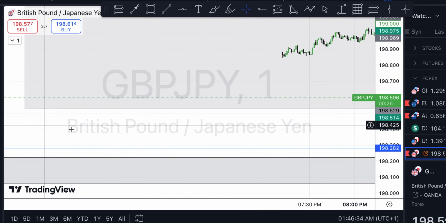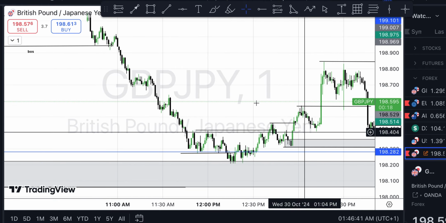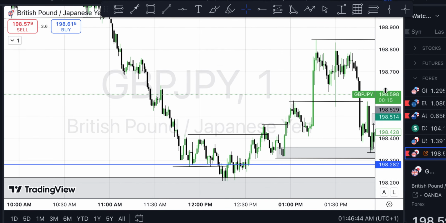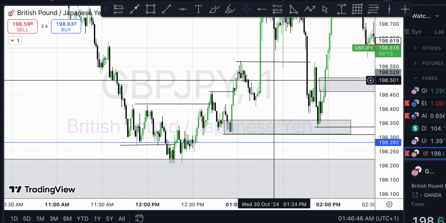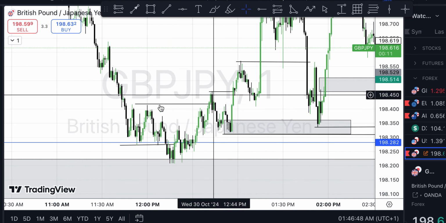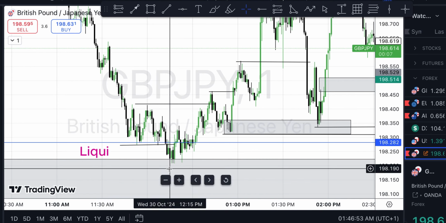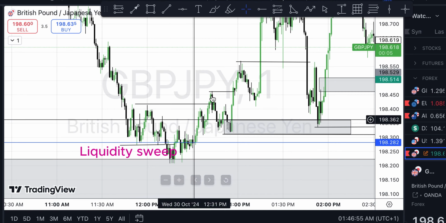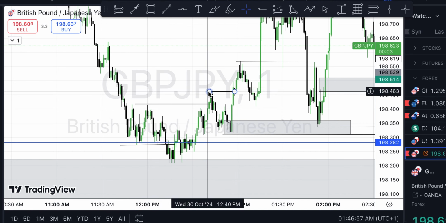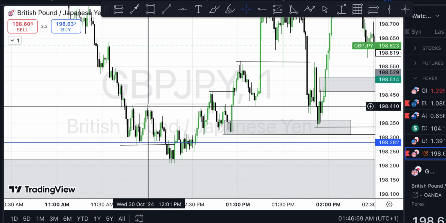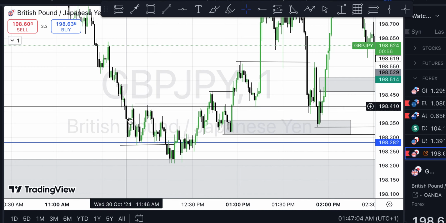If I go into my 1 minute time frame, you're going to see what I'm saying clearly. Yeah, so this is clear now. Once price took out this low here, took out this guy here, immediately price does the market structure shift, taking out this guy here.